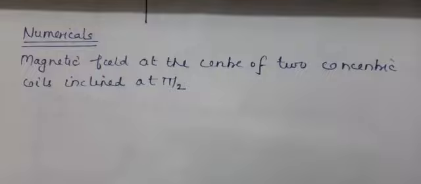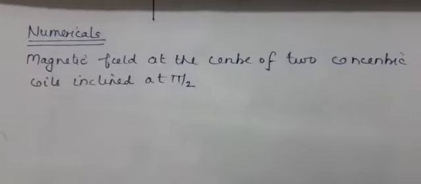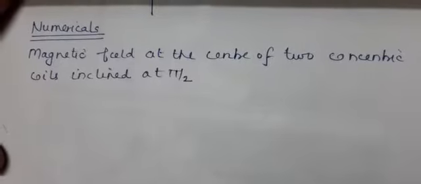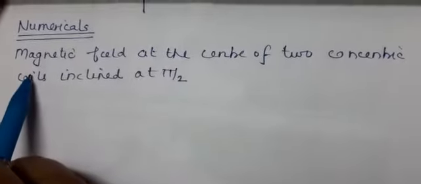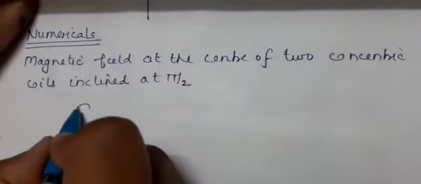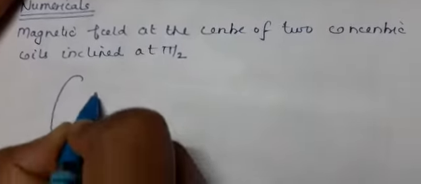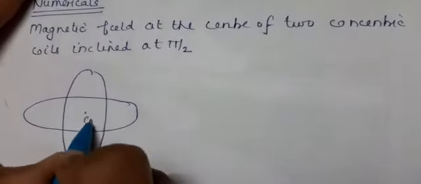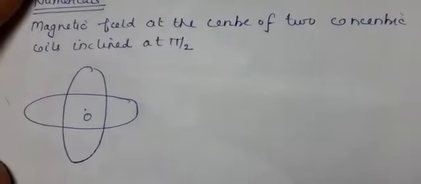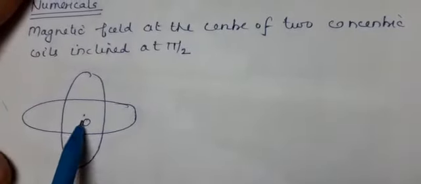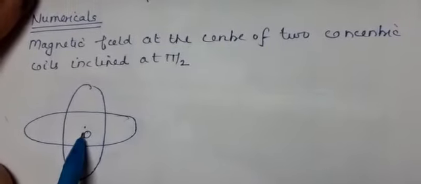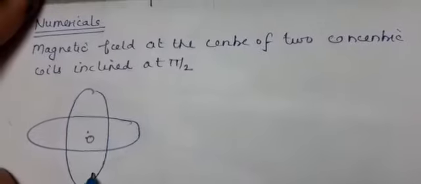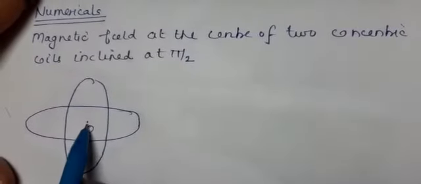So now on this basis, let me discuss a few of the numericals taken as different subcases. Now if two coils are inclined perpendicular to each other like this, having a common center, and we have to find the magnetic field at the common center of two coils inclined at an angle of 90 degrees.